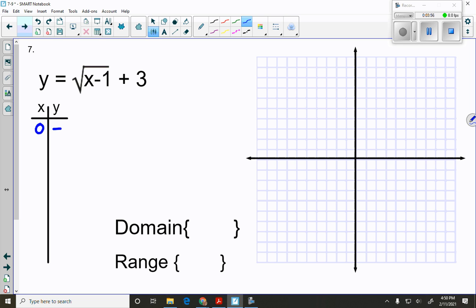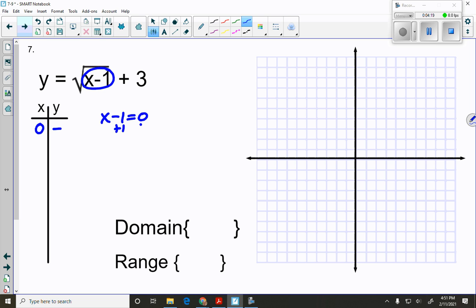And so what you're going to look for is what is underneath the square root. Now, I'm not paying attention to the plus 3. That's not going to help right now. I want to know what makes x minus 1 equal to 0, because that is where my domain is going to start. Now, I can solve it.